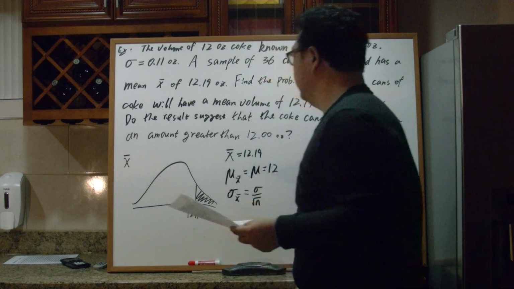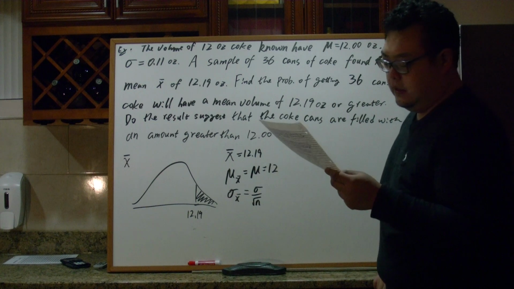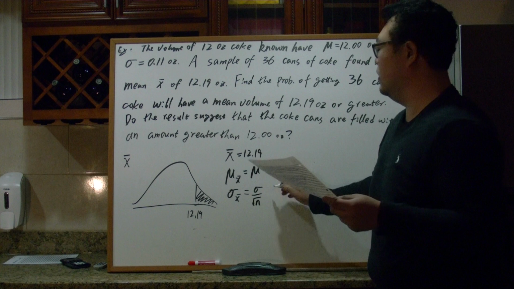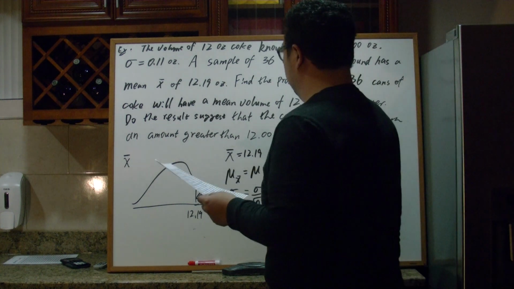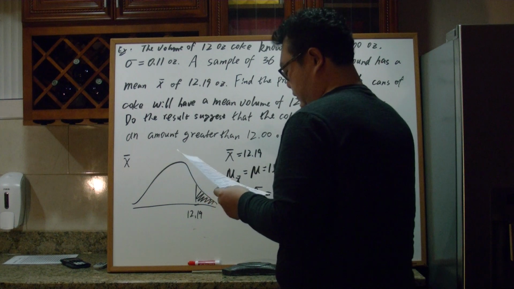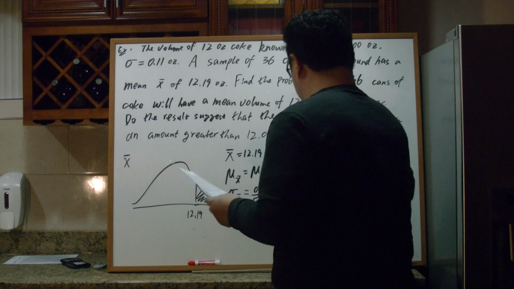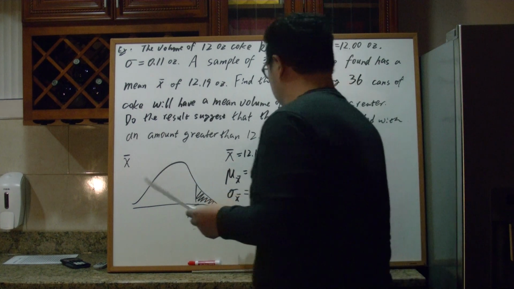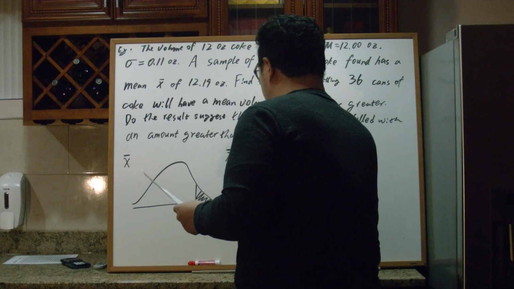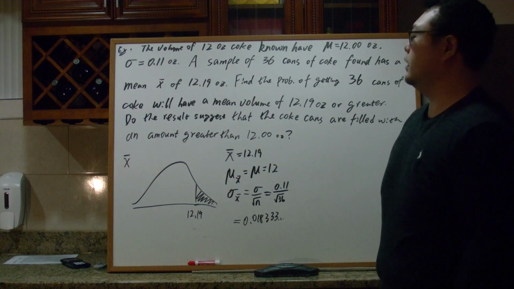From the central limit theorem, or the sampling distribution, we know that the mean of the 36 cans should be 12 and the standard deviation should be 0.11 divided by radical 36. That is 0.018333 and more.